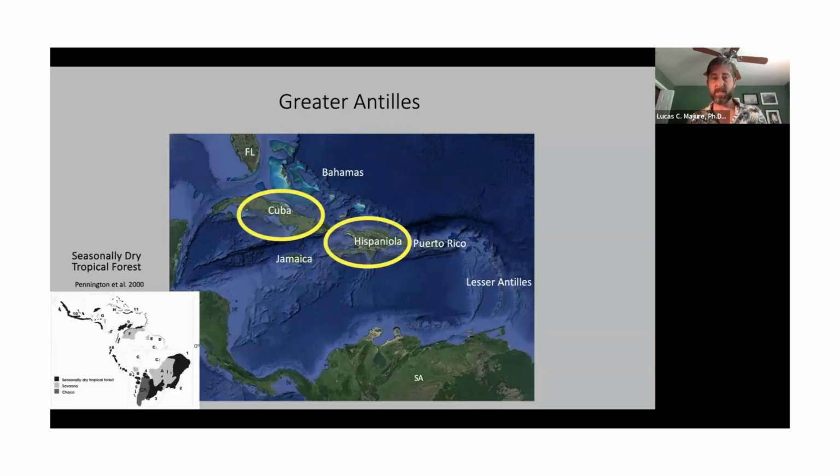Two of those that are really important places for me especially are the islands of Cuba and Hispaniola. So the islands of Cuba and Hispaniola are the largest islands of what we call the Greater Antilles. The Greater Antilles are composed of Cuba, Hispaniola, Puerto Rico, Jamaica, Cayman Islands, and the U.S. Virgin Islands. Those are all on the same tectonic plate.